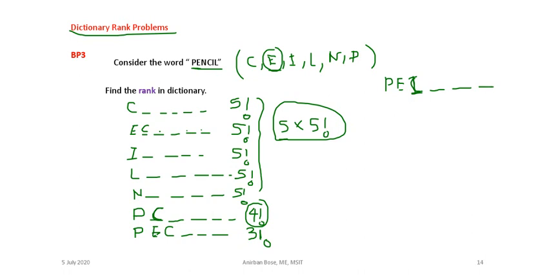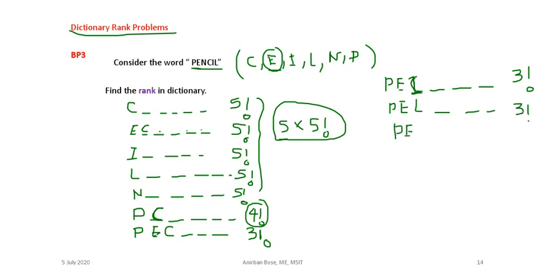Now you see how many different arrangements are possible with the remaining 3 letters, definitely 3 factorial ways. Then PE, after I it will start with L, and again this can be done in 3 factorial ways.